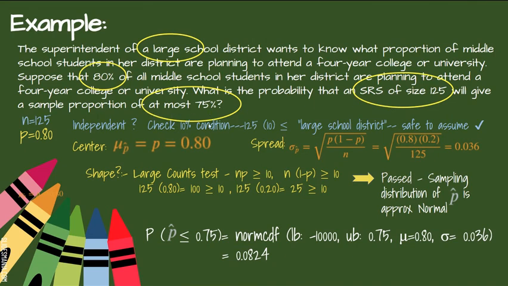Our lower bound would be negative 10,000 and the upper bound would be 0.75. We put this in the calculator and we end up getting 0.0824, so 8%. So what's the probability that the sample proportion would be at most 75%? It's only 8.24%.